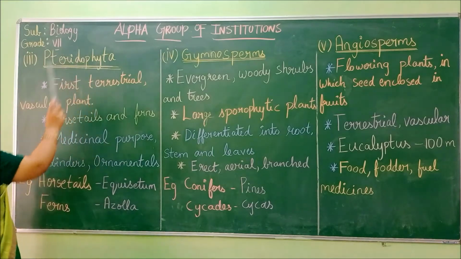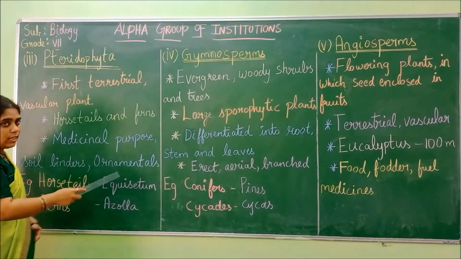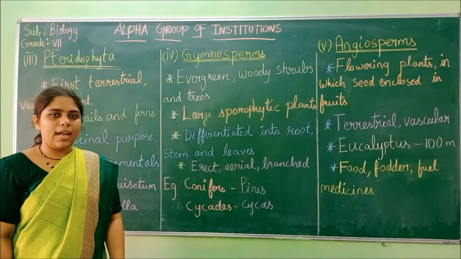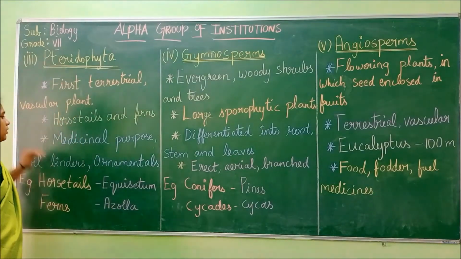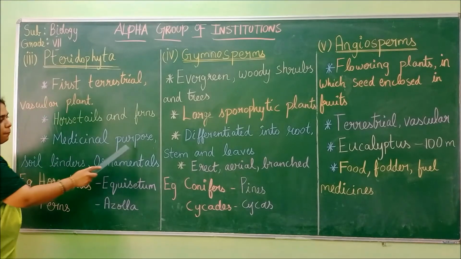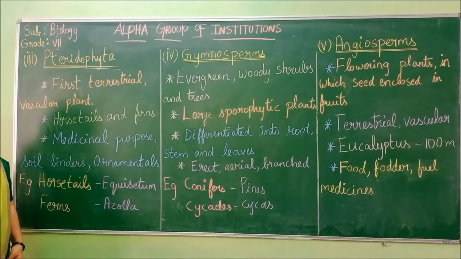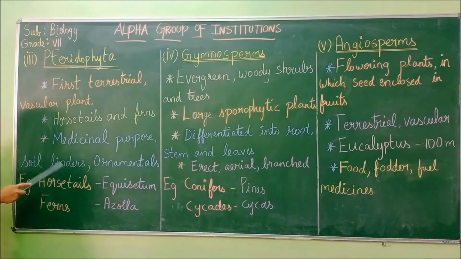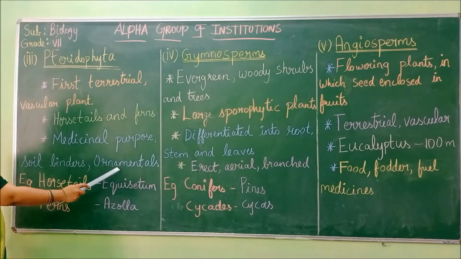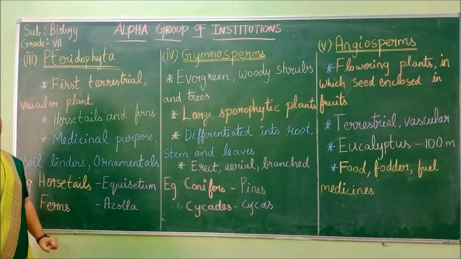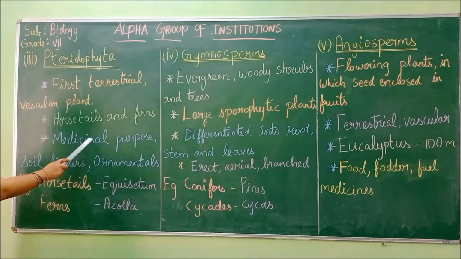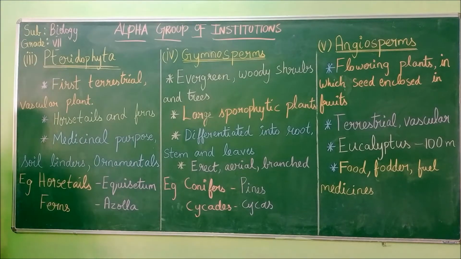So pteridophytes are used for decorative purposes also. These are the uses of pteridophytes: medicinal purpose for making medicines, soil binders for holding the soil together, and ornamentals for decorating.